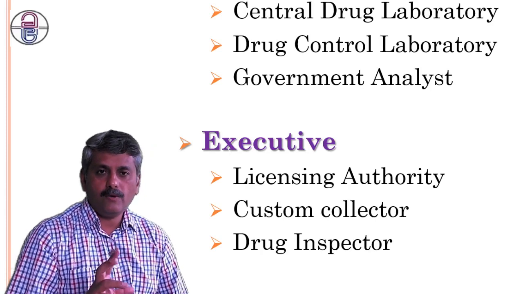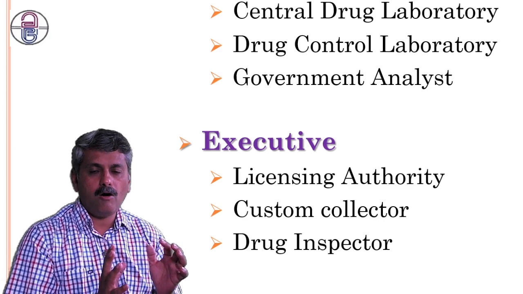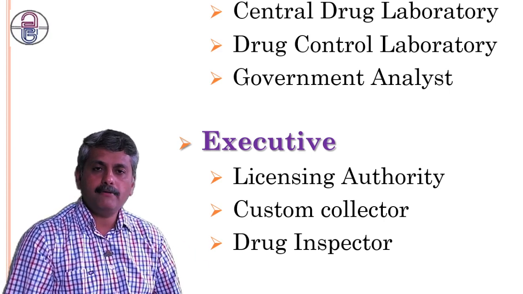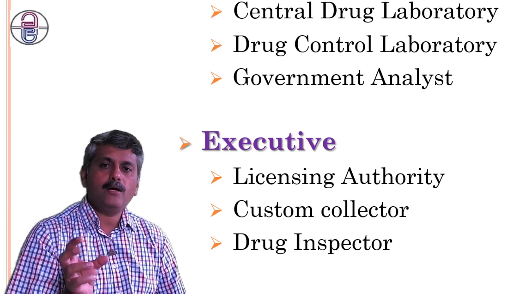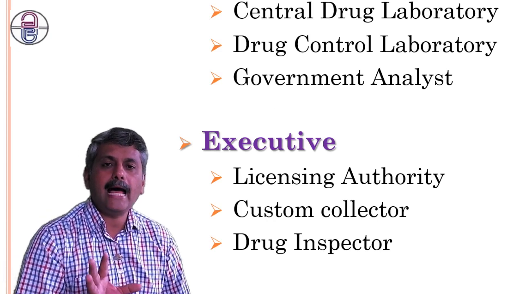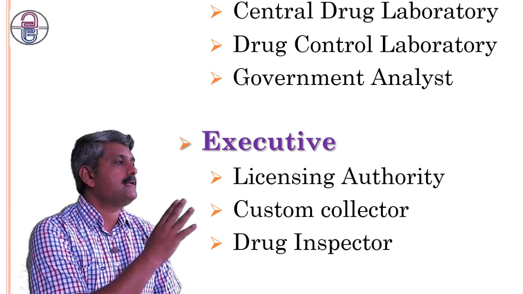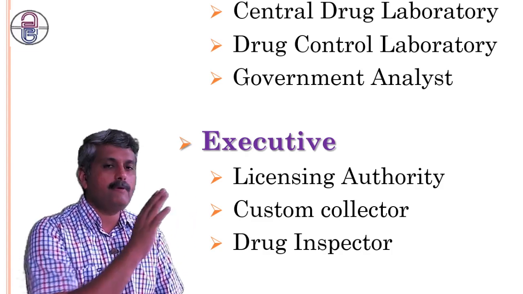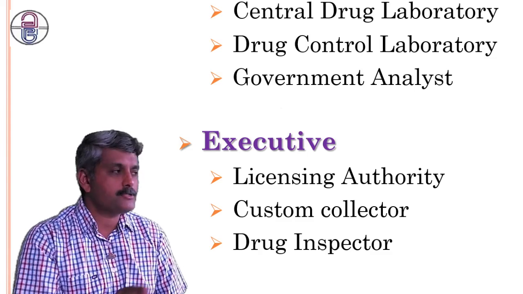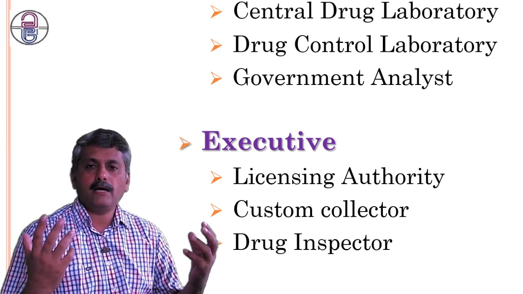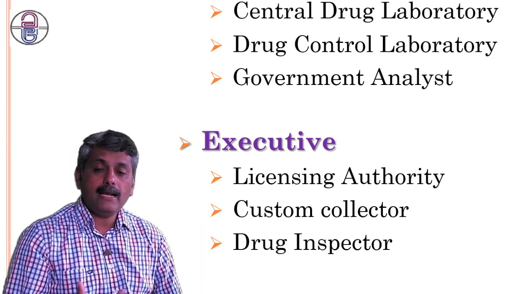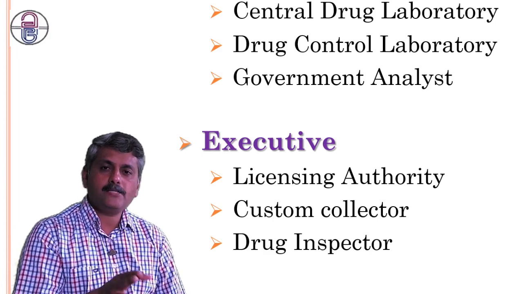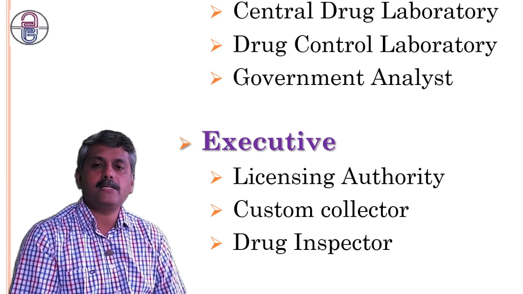So what is their role? These people will control operations. How will they control the operations? By the rules and regulations they have been given. The Licensing Authority will give the license only to an eligible person. The Custom Collector will allow only medications or drugs that are standard as per the Drugs and Cosmetics Act for importation and exportation.